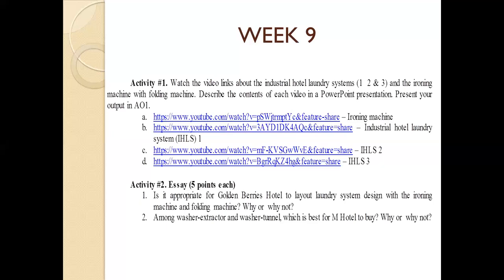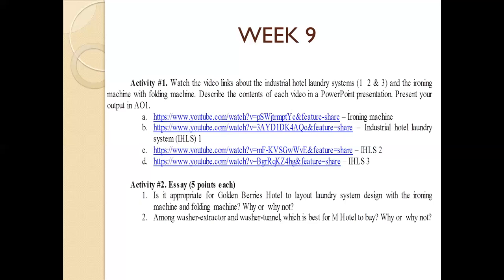And also we explained the concepts of designing a laundry area. The factors needed to be considered are the location, size, equipment, utilities, layout, and the labor.